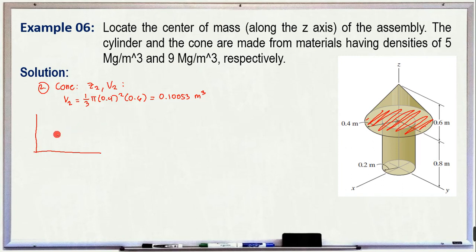So, this is the cone. This is y, this is x, and let's take a differential strip, a very thin strip. This is dy. Then we have here our x, of course, and this is our r, the radius of the base of the cone.